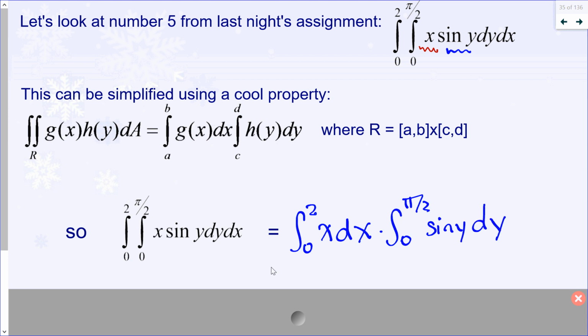So all I have to do is the one integral in terms of x, and evaluate it at the bounds from 0 to 2, and then the other integral, sine y, and evaluate that from 0 to pi halves, and then multiply the results of those integrals together. And I just think it's a lot easier than carrying out the double integral.